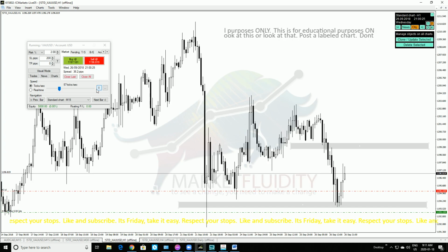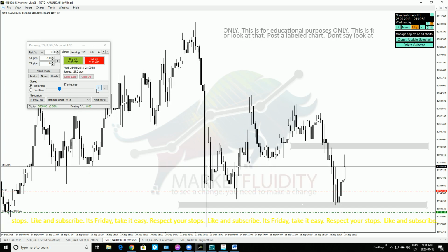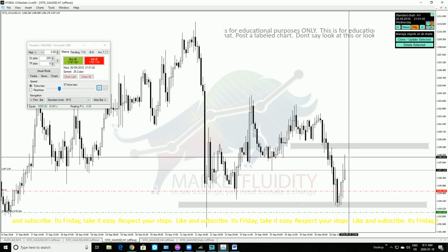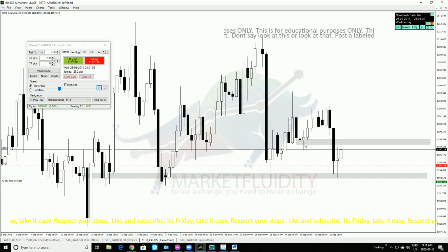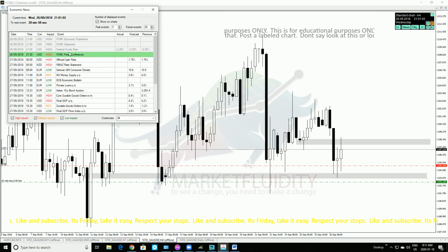Oh, here's the news. News comes in. Price is reaching. Notice how price now reached this 4-hour zone here, which we drew, because this is a high time frame zone. So let's take a look at the news here, right? Okay, so news is good. They raised the rates.